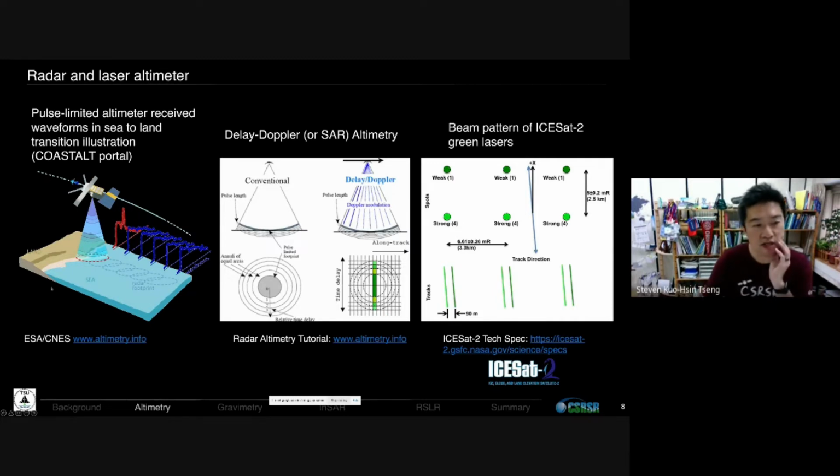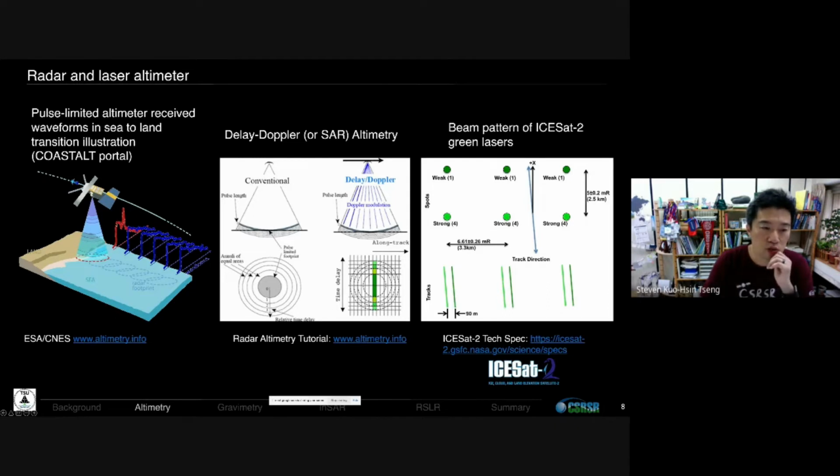That's how it is designed. It is designed to smooth out these waves. So the advantage is that we can have a very smooth sea level measurement all the way along the ground track.